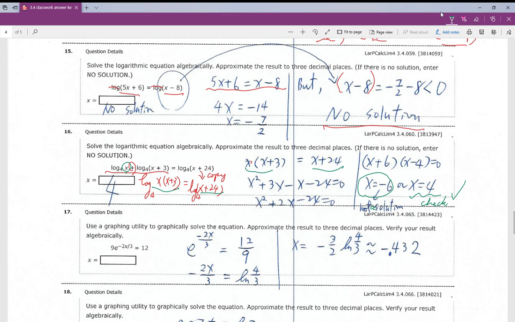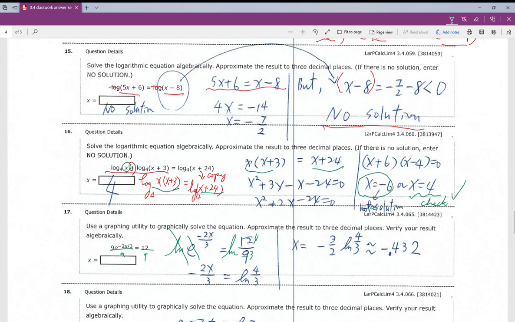Number 17, you have to divide by 9 first. Divide by 9. So you have this one, and then how you keep going, you put the ln on both sides, and then cancel out. So copy down the leftover, I reduce, divide by 3, so I have 4 over 3.